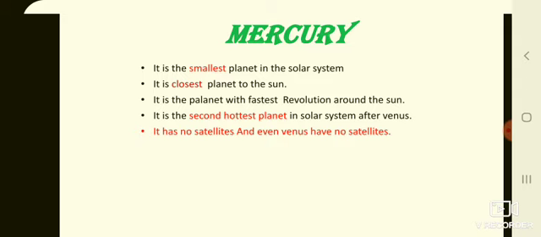I also mentioned that the Sun is included as a star. The Sun is the nearest star to the Earth. So today I'll be giving you information regarding some of the planets. Not all, but some of the planets.